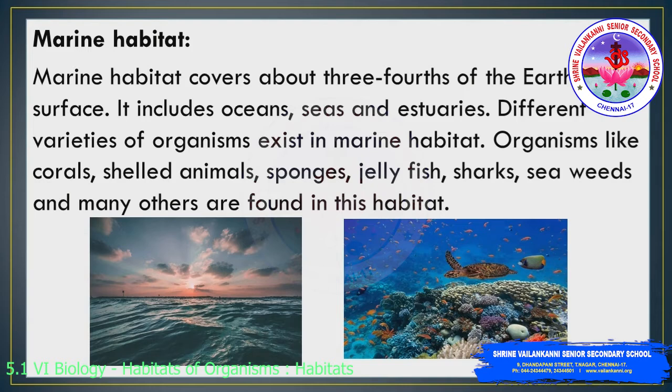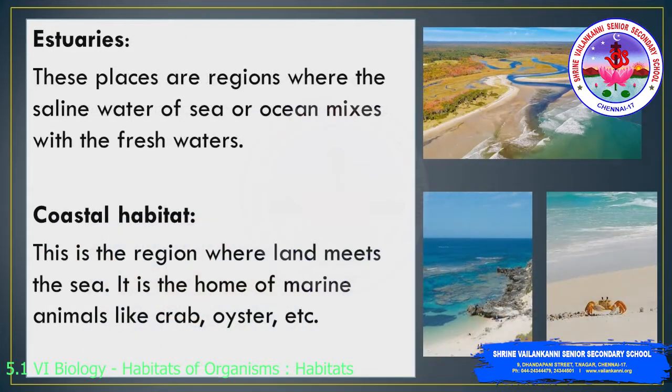Organisms like corals, shelled animals, sponges, jellyfishes, sharks, seaweeds and many others are found in this habitat. The estuaries are regions where the saline water of the sea or ocean mixes with the fresh waters.